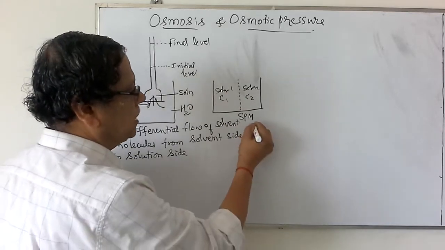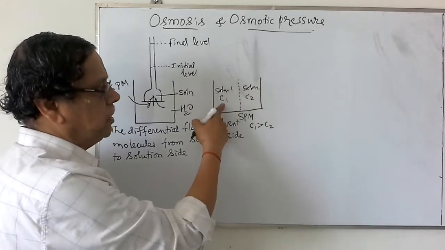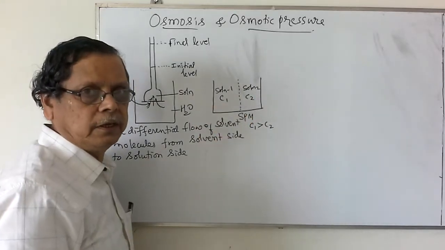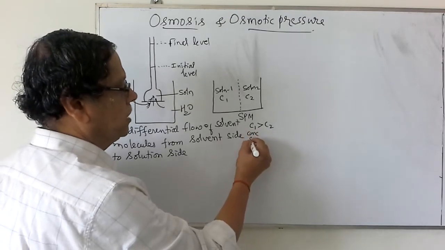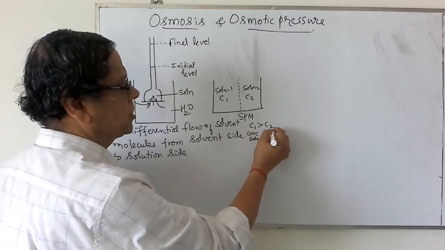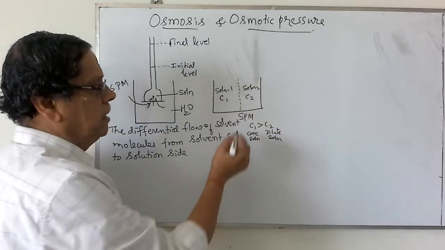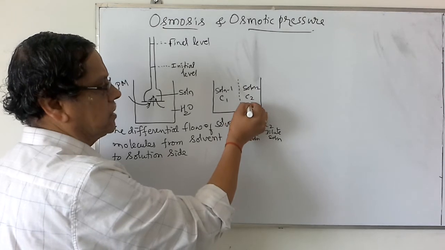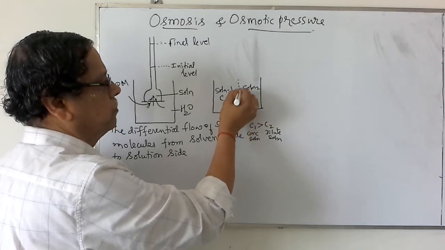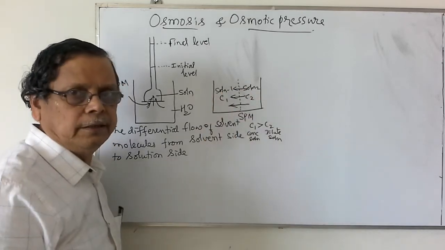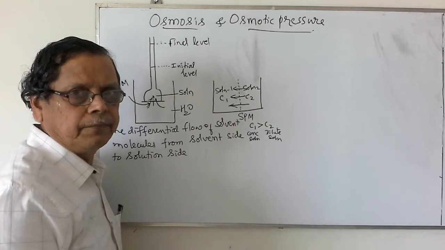Now if you consider that C1 is greater than C2, concentration of the first solution is greater than the concentration of the second solution. Or we can say this is concentrated solution, this is dilute solution. Now what we observe here is these molecules of the solvent from the solution with lower concentration move towards the higher concentration till both the concentrations will be identical.